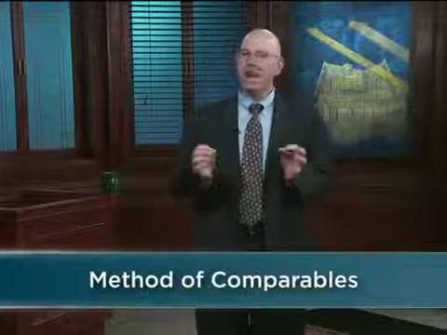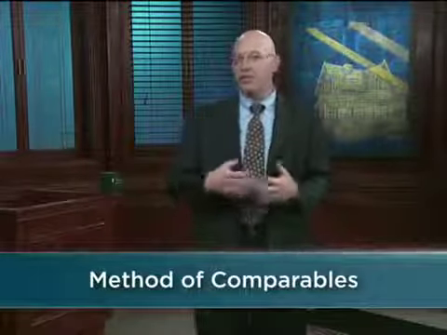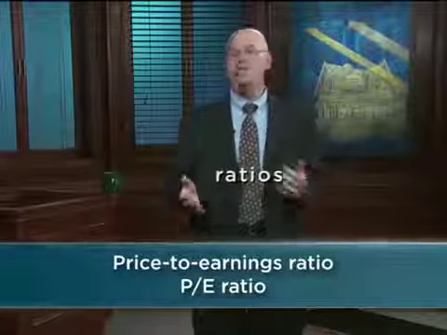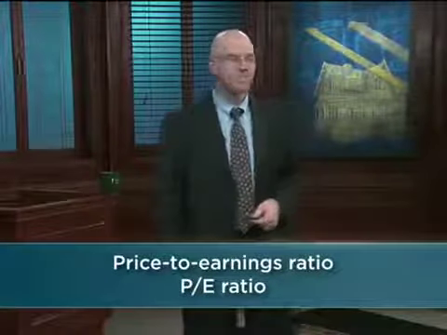The general name for this valuation method is the method of comparables, and it's based on using ratios, like the price to earnings or PE ratio, to value stocks. This model is widely used in all kinds of financial markets, not just the stock market. In addition, I'd say it's the model that professionals prefer to use by far.